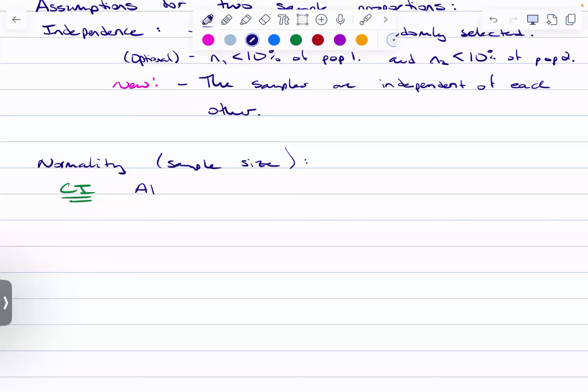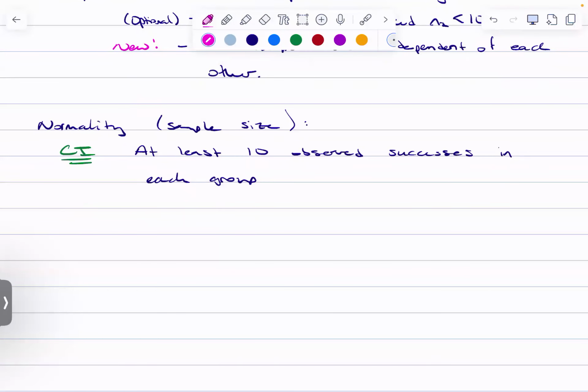And so we need at least 10 observed successes in each group, right? In each group. Right. That's the new part. And we need at least 10 observed failures in each group.